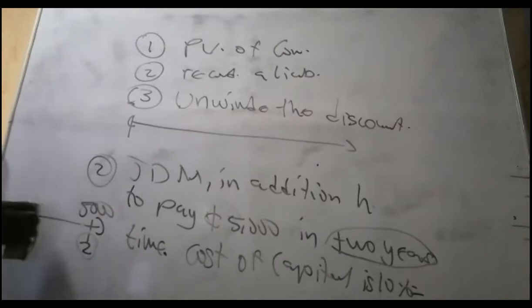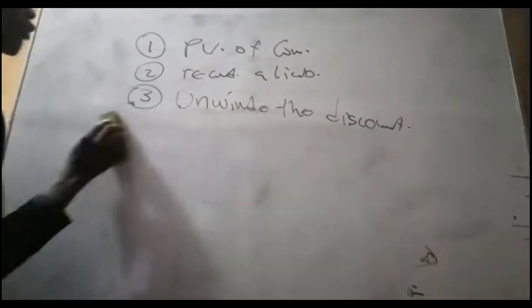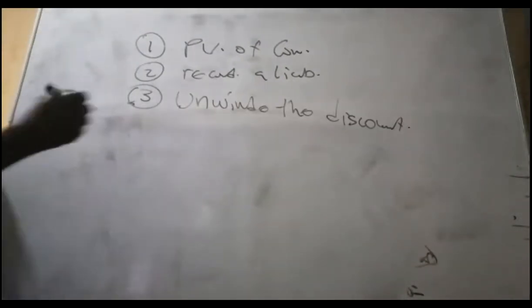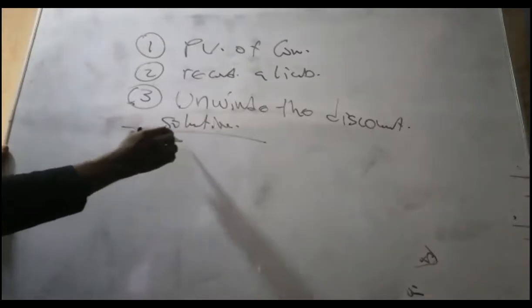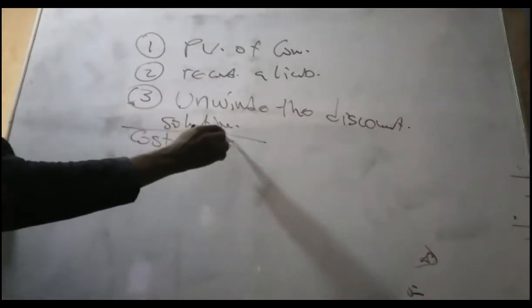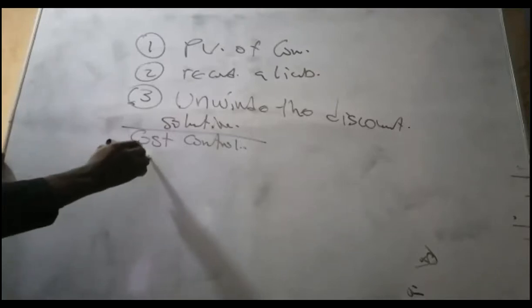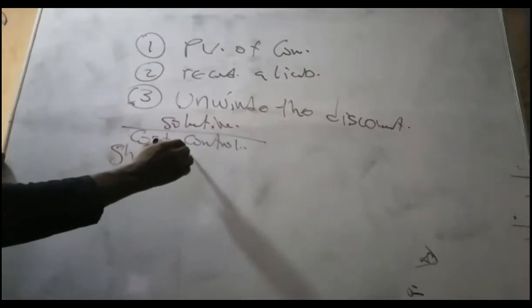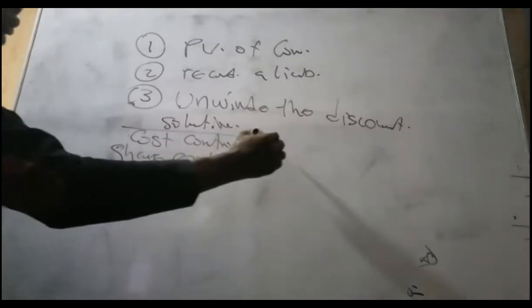Yes. So JDM is gone. Okay. So solution. So cost of consideration or cost of control. Share exchange. We've calculated that one already. This example is a build-up example.